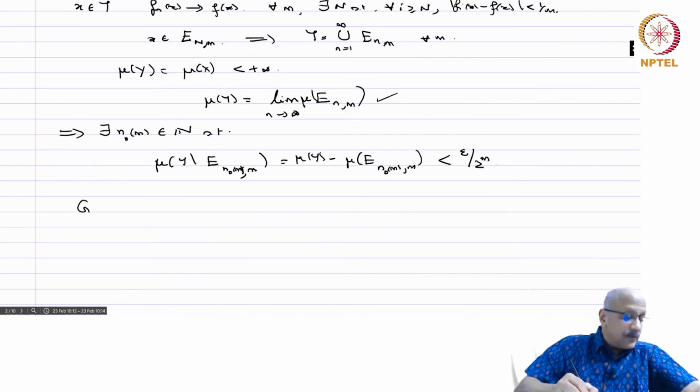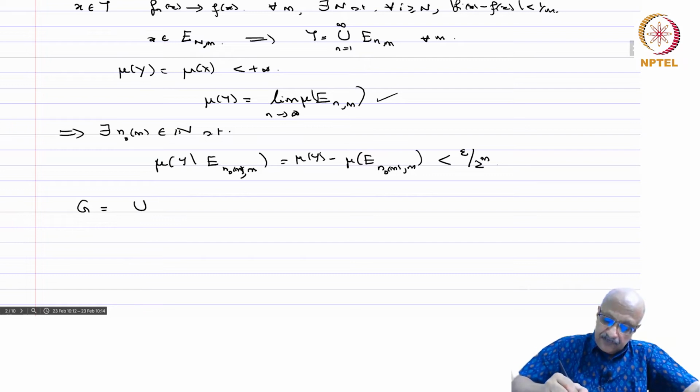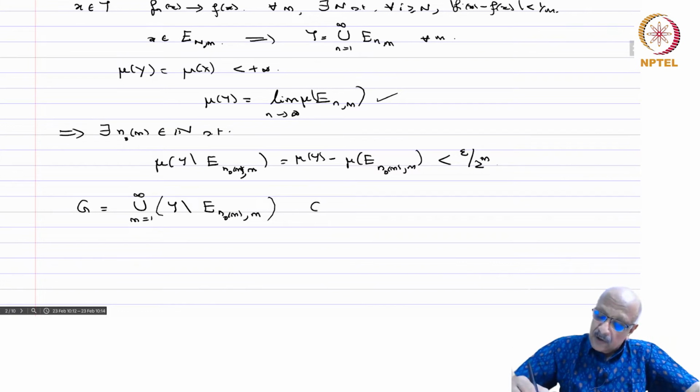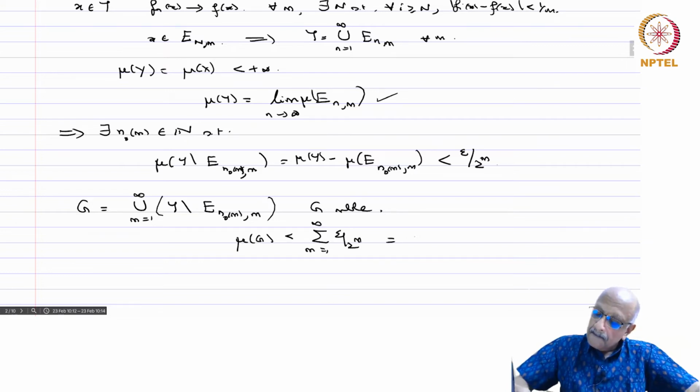Now you set G equals the union over m equals 1 to infinity of Y minus E_{n_0(m),m}. Then G is measurable, and you have mu of G is less than or equal to the sum of the measures of these sets, which is less than the sum of epsilon by 2 power m, and that's equal to epsilon.